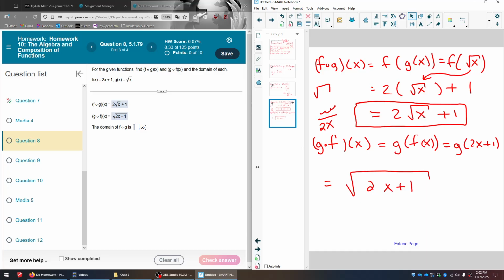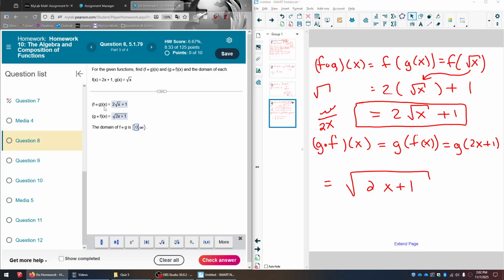There are no fractions here, so I do not have to worry about that. So just a quick glance tells me that my domain is going to be from 0 to positive infinity, and they have a bracket around the 0. The reason for the bracket is because it is okay to take the square root of 0. The square root of 0 is 0. The square root of a negative number would be imaginary. That's why we're not doing that. And then it goes up to positive infinity.